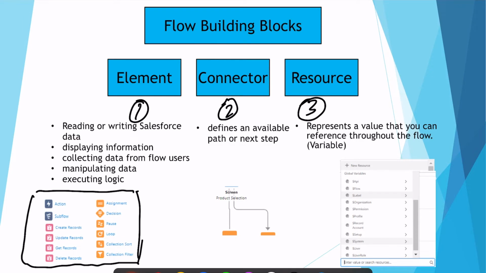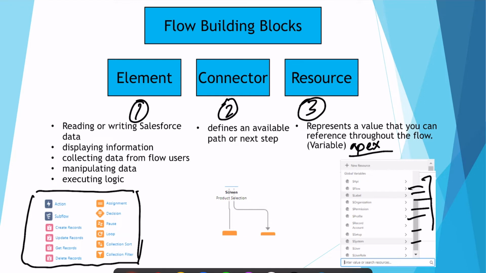If we talk about resources, a resource represents a value that you can reference throughout the flow. If you think in Apex context, these are basically the variables where you can store your value and use that value in next steps or elsewhere in the flow. So a resource is basically a variable, and some out-of-the-box resources are also available, like flow, organization, permission, profile, setup, system.